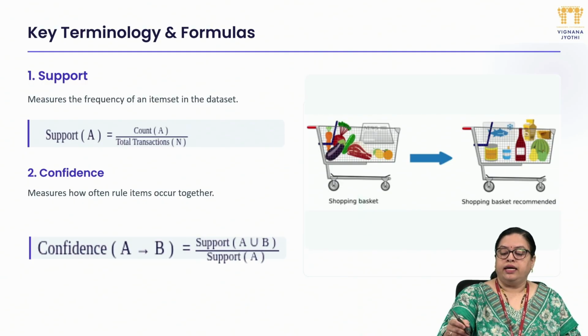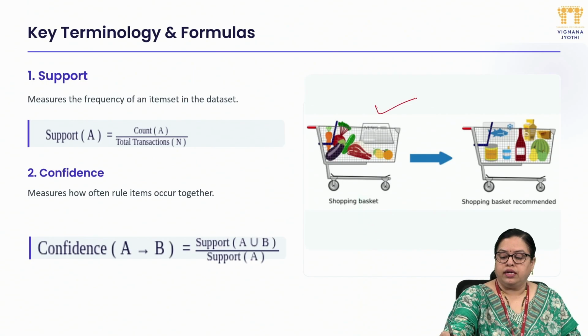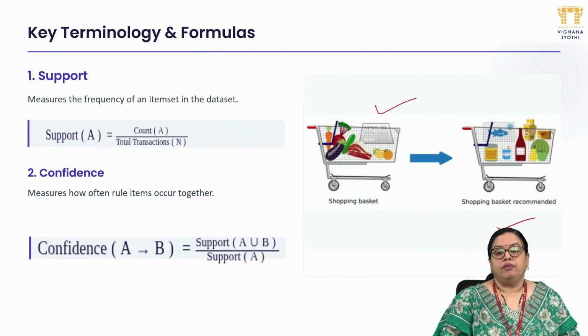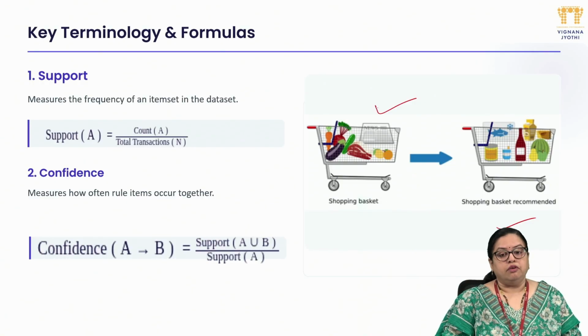On the right side is a shopping basket, what we are seeing haphazardly. After the calculation, the shopping basket gives a recommendation for you. Suppose one person is purchasing milk, should we recommend bread to that person or not?